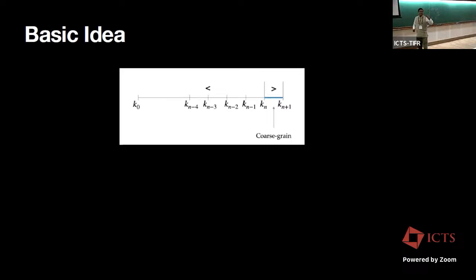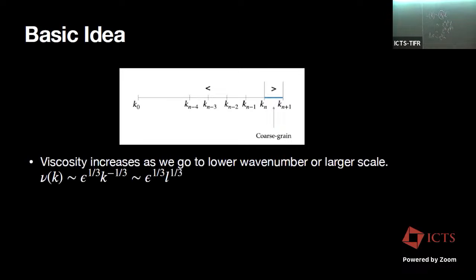I'm going to say that I have already taken the effects of renormalization from K infinity down to K(n+1). So I'm going to write a recurrence relation. I will assume that the renormalized viscosity at K(n+1) is nu(n+1), and then I will write down what the viscosity is at Kn. From the recurrence relation, I will derive the formula. That's the main idea, and this is what I want to derive.